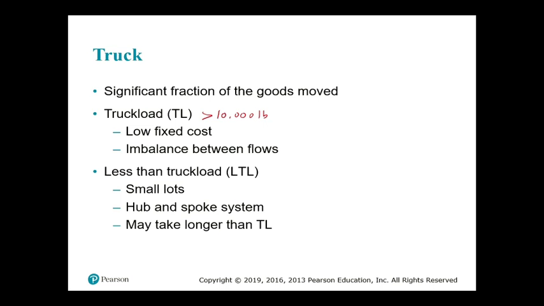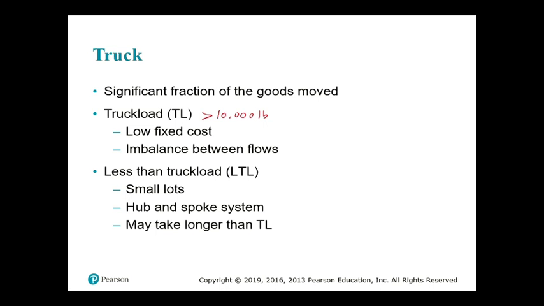For less than truckload shipping, we see more smaller lots being transported in each truck. So this is the mode sort of in between truckload delivery and package carrier deliveries.